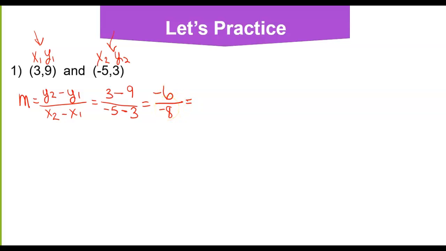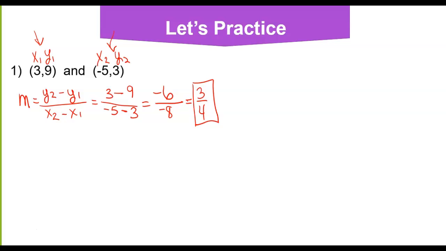A positive. So I know my final answer is going to be positive. And then can I simplify 6 over 8? What can I simplify it to? 3/4, I could divide by 2. And I know it's a positive 3/4. Negative 6 divided by negative 8 is positive 3 divided by 4.